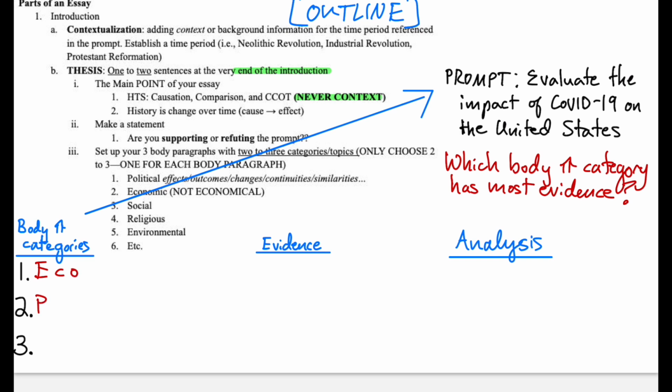and political and social. So now I'm going to come up with my evidence for each of those. So with economic, toilet paper shortage, stocks went down. You could talk about the stock market also with the AMC or the meme stocks. Let's see, you could talk about the stimulus checks.